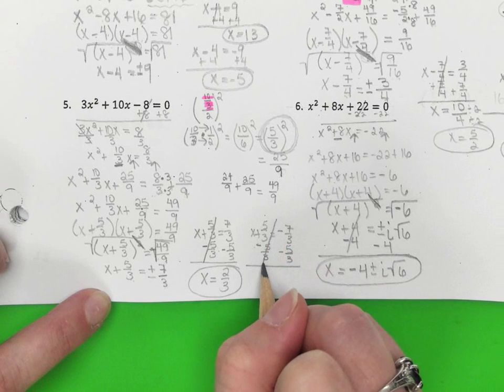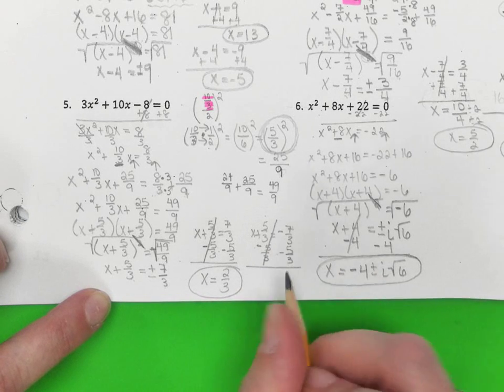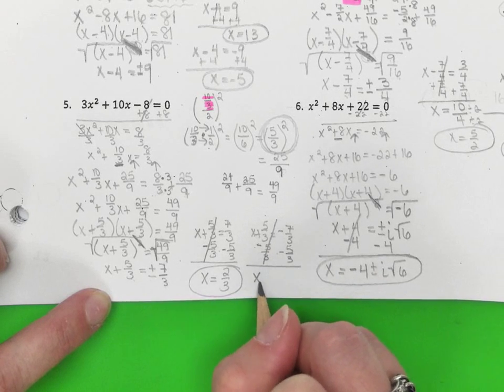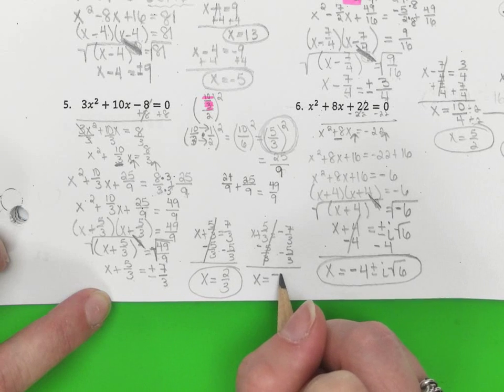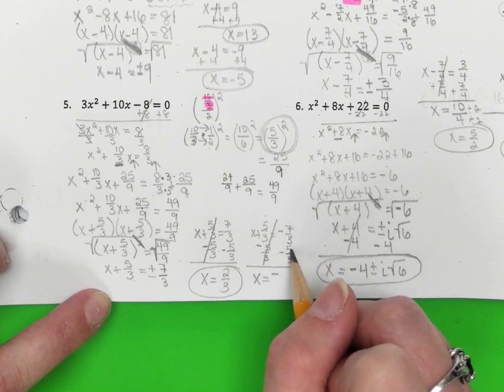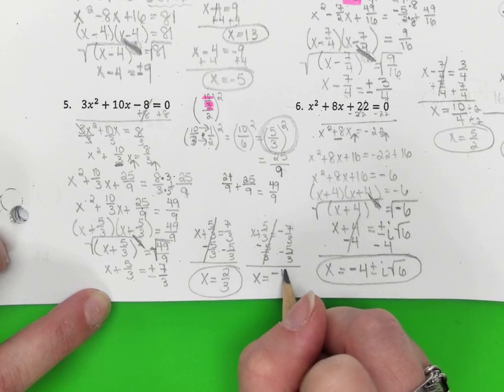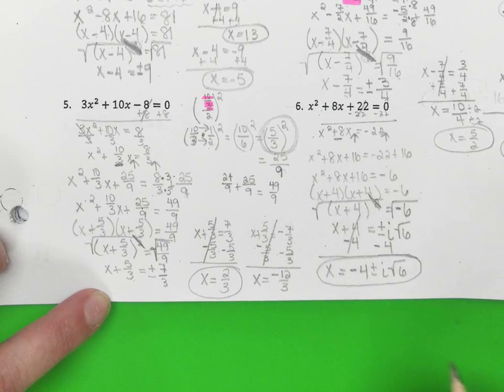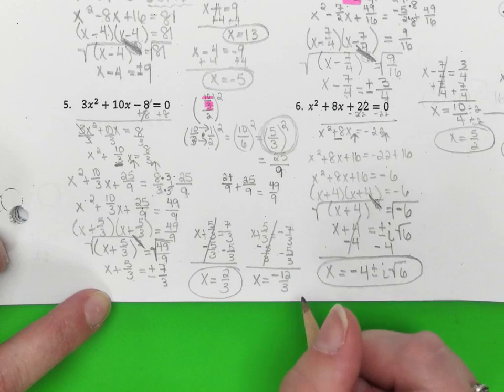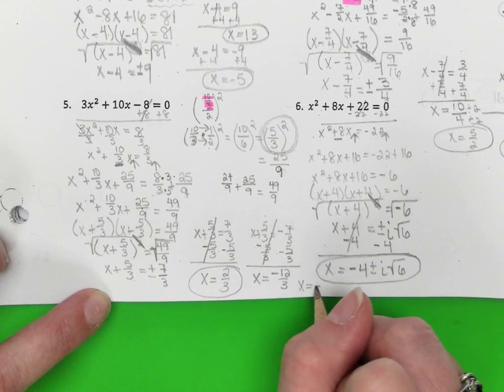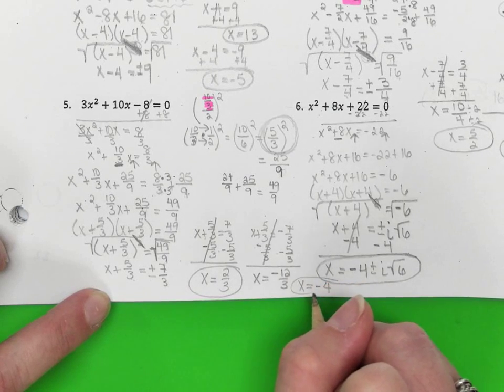So it'd be negative 7 minus 5. How much is that? Same sign. You add them and keep the sign. What's 7 plus 5? 12. Negative 12 over 3. Okay. And that reduces. What's negative 12 over 3? Negative 4. Perfect.